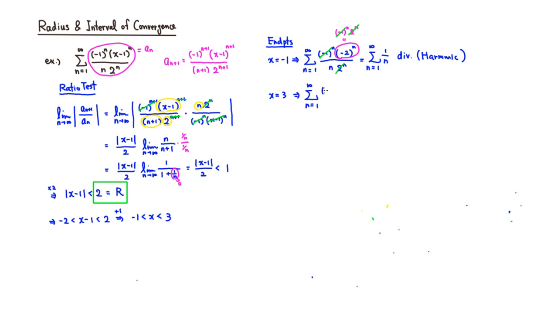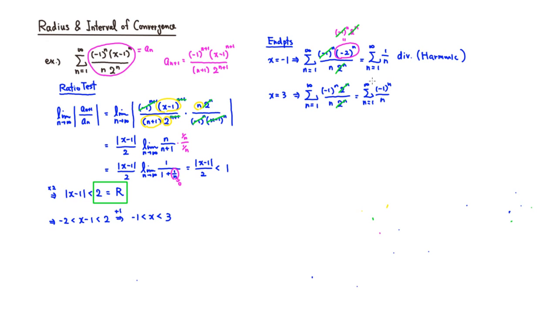You have a negative 1 to the n, and 3 minus 1 is 2, so you have a 2 to the n over n times 2 to the n. We can again cancel 2 to the n and 2 to the n, and what you get is the summation, n goes from 1 to infinity, of negative 1 to the n over n.